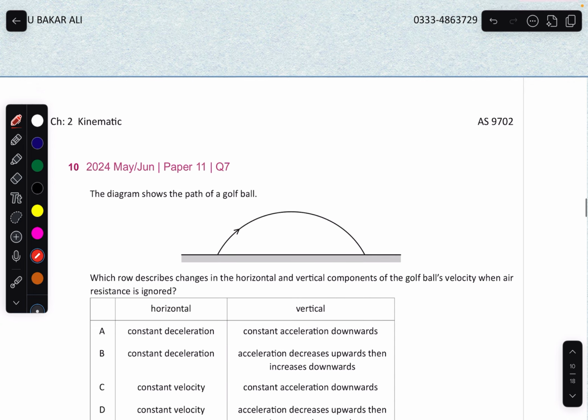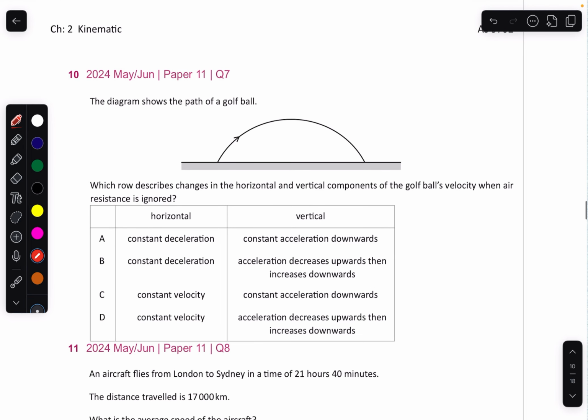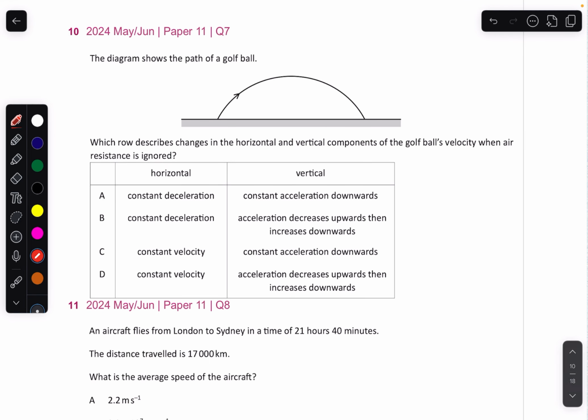Question 10. The diagram shows the path of a golf ball. Which row describes the change in horizontal and vertical components of the golf ball's velocity when air resistance is ignored? There is no air resistance, so at any point there is only one force acting on the ball, that is gravity.